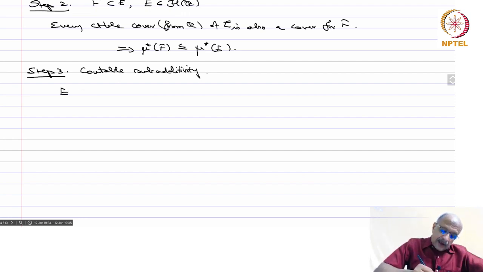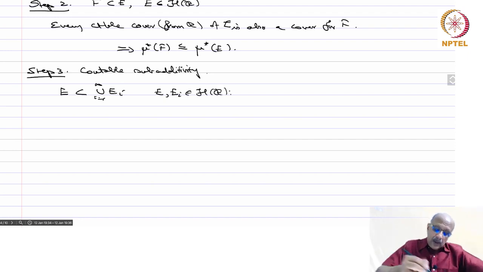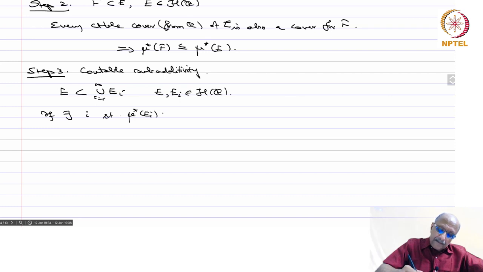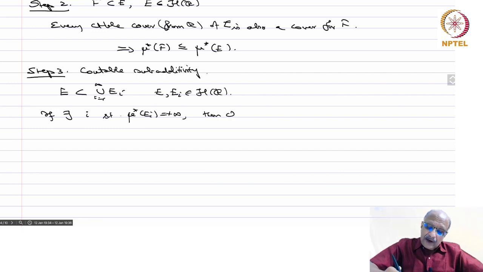So let us take E contained in the union of E_i, i equals 1 to infinity, with E_i in H of R. If there exists an i such that mu star of E_i is infinite, then clearly mu star of E, whatever its value may be, is less than or equal to the sum over j equals 1 to infinity of mu star of E_j.